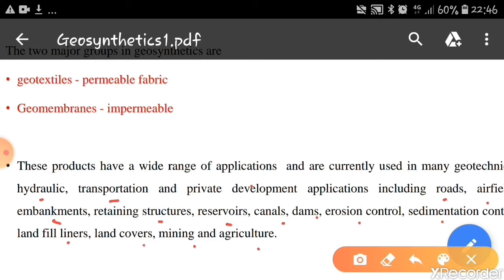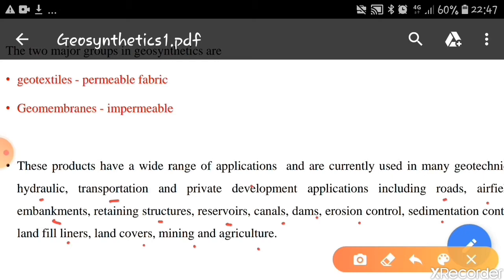We have seen that in almost all the fields of geotechnical engineering, geosynthetics are used. For different structures, their purpose may vary, but we can use them in almost all structures. For example, we can use them in embankment construction to protect the slopes. We can use them in the construction of roads as a separator to separate the coarse aggregates and fine aggregates.